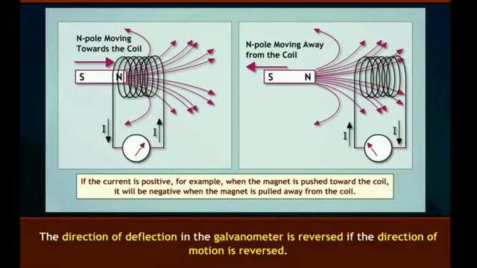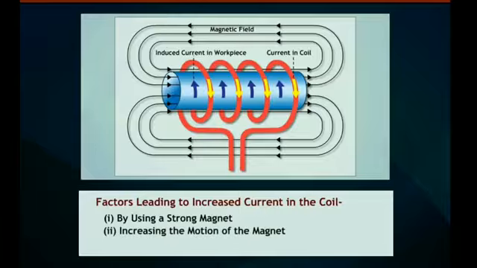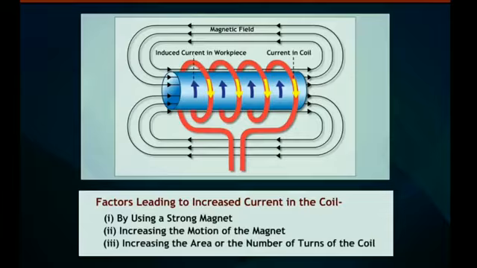The direction of the deflection in the galvanometer is reversed if the direction of the motion is reversed. Factors leading to increased current in the coil: using a strong magnet, increasing the motion of the magnet, increasing the area and the number of turns of the coil.